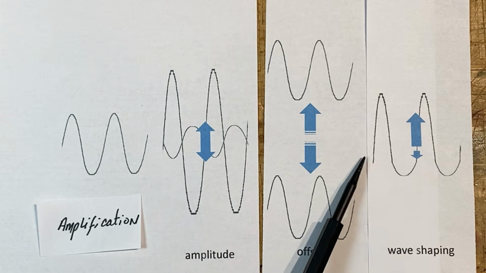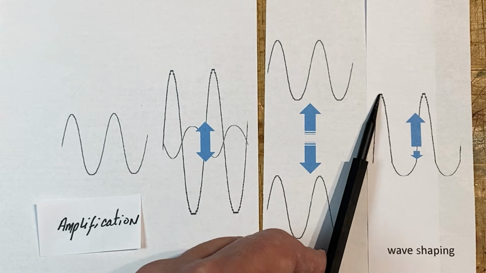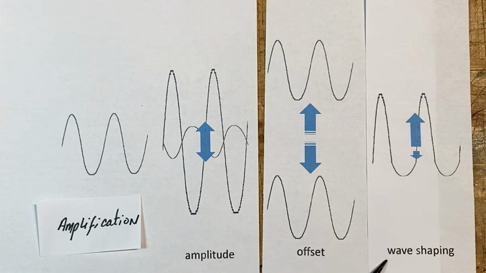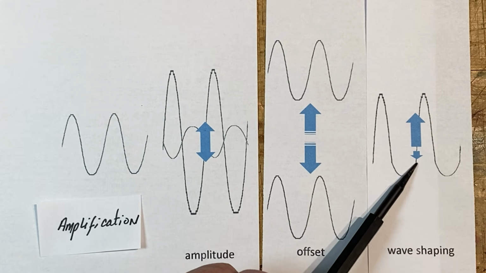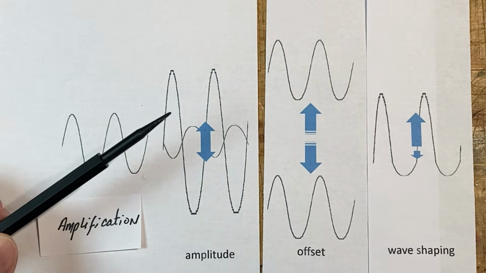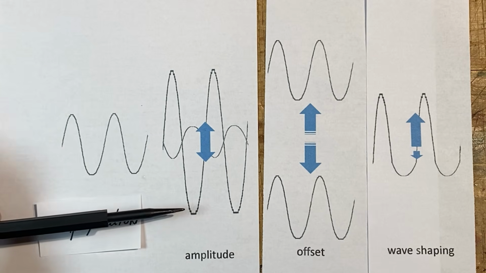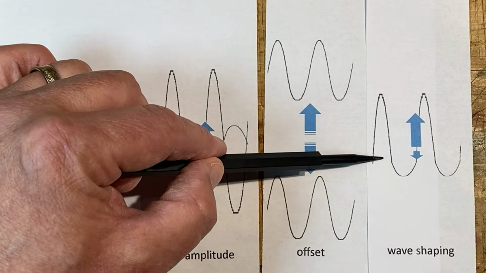There are other effects, where the leading edge of the curve might be amplified differently than the falling edge. So there's all kinds of different behaviors in wave shaping that are more interesting. For trying to mimic the behavior of a triode, I'm less interested in the amplitude change and the DC offset. I'm more curious about the wave shaping.